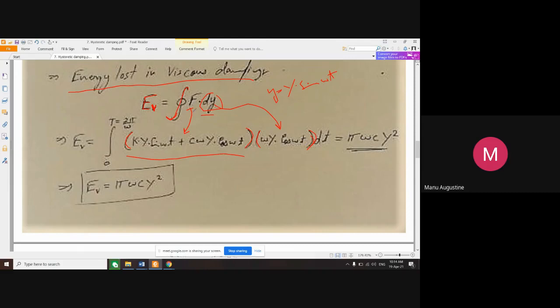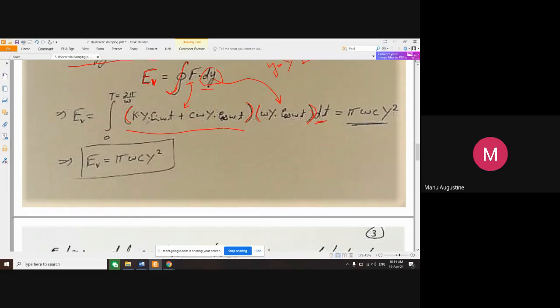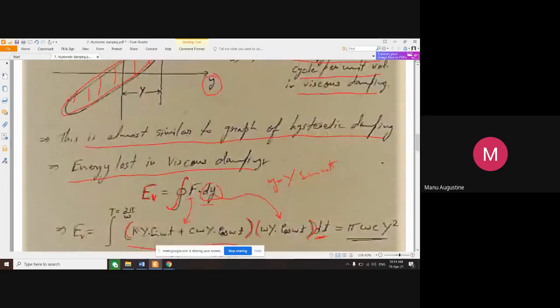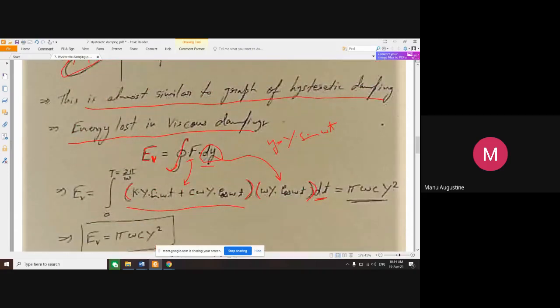Okay, so we have to do, and obviously if you differentiate, omega capital Y cos omega t dt, t will be differentiated once, so you will get dt also. So all you have to do is integrate this expression. But now you see, earlier in finding the area, the variable of integration was y. So we had dy.